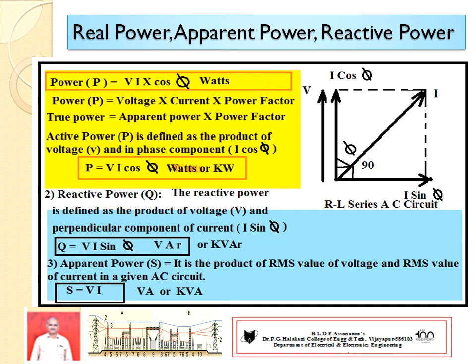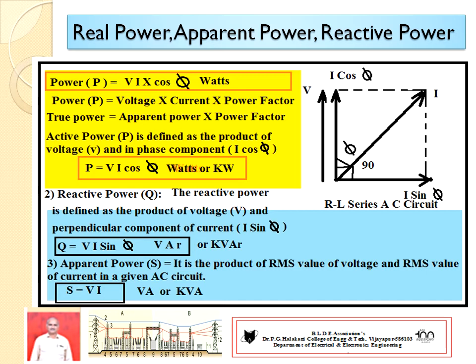Then types of powers: mainly we have real power, apparent power, reactive power. Consider the vector diagram of RL series circuit only. You see there V is the applied voltage, and current I lags the applied voltage by an angle of phi.